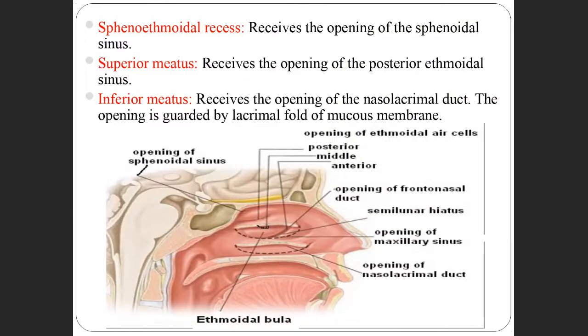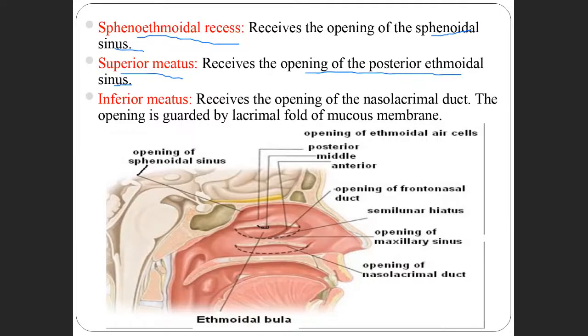And then, as we already told, above the superior concha you have the sphenoethmoidal recess. It contains the opening of the sphenoidal sinuses. And then the superior meatus has the opening of the posterior ethmoidal sinus.